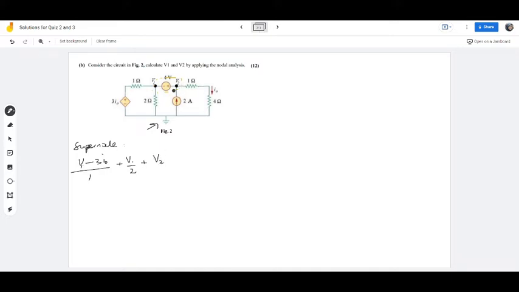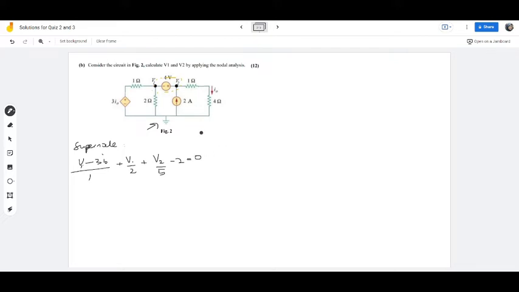Let me do this bit first since I've written the V2. So V2 minus 0 over 1 plus 4, they are connected in series. And this current here is going into the essential node. As I'm doing current branching out, it's minus 2 equals 0.